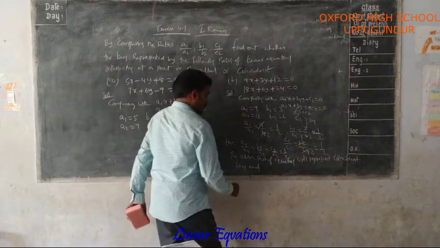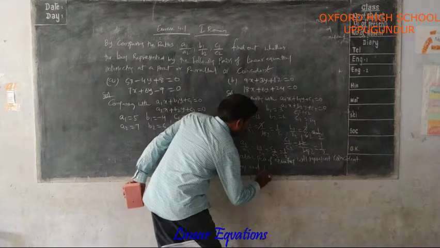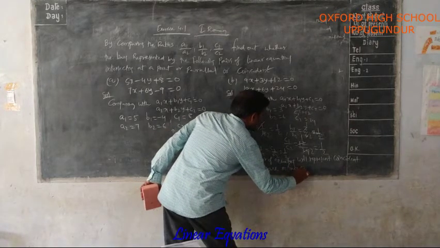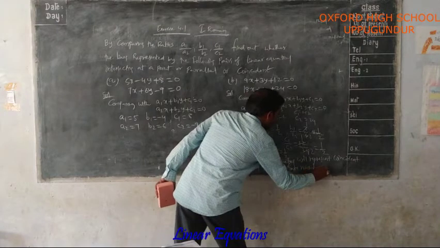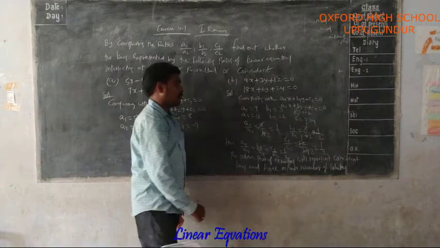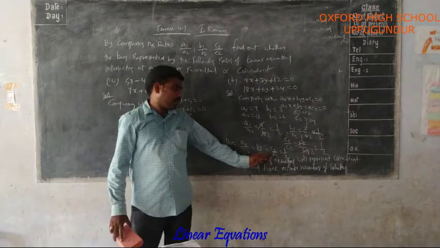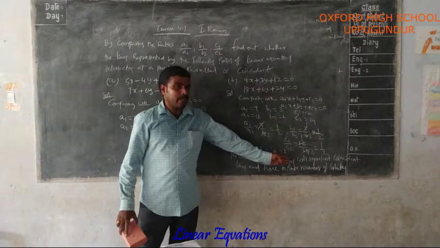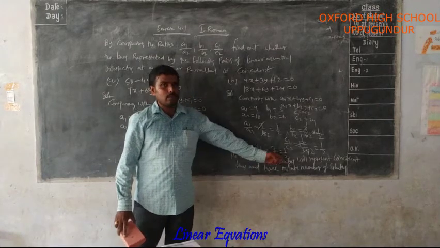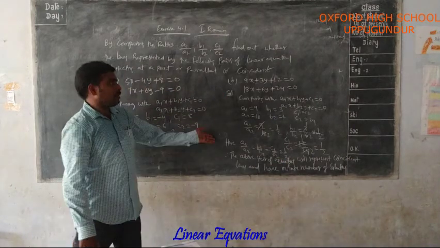Infinitely many solutions, and have an infinite number of solutions. So by comparing these ratios, the above pair of linear equations will represent coincident lines and have an infinite number of solutions. So in this way we can solve the third problem also.